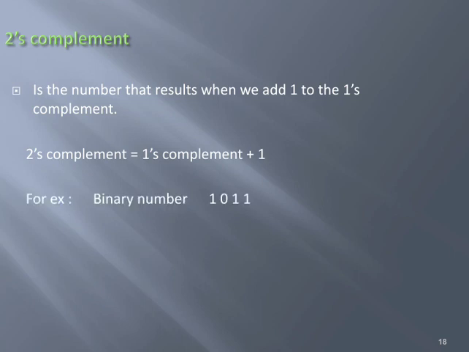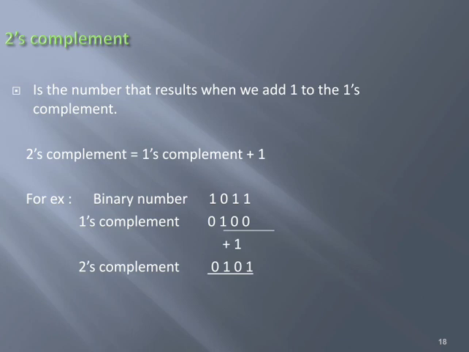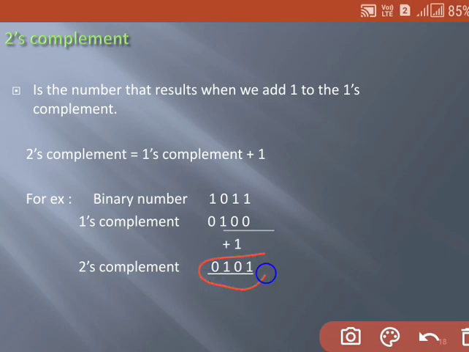For example, I am considering the binary number 1011. First, you need to do ones complement of this binary number, which is nothing but 0100. To this 0100, you need to add 1, and it will become 0101. So this 0101 will be the 2's complement of 1011.